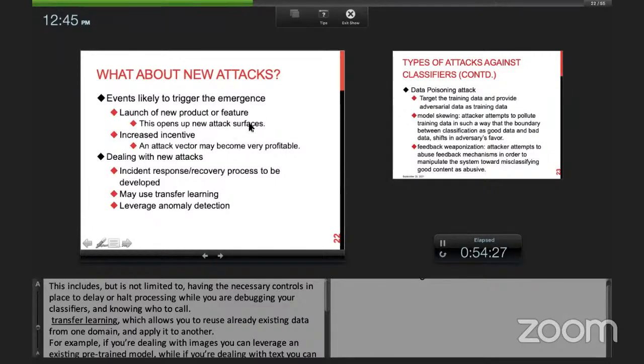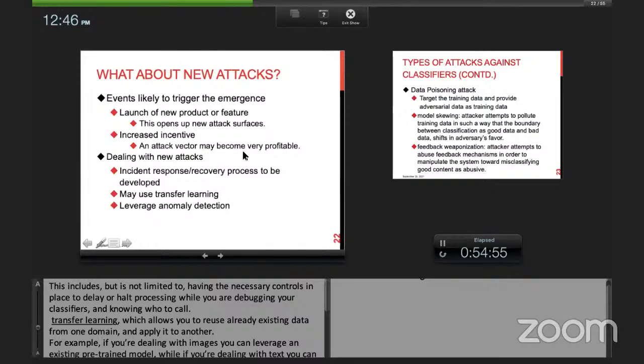That means ways to make your product vulnerable, many more ways to find weak links in your product. A new attack can also be generated based on increased incentive, because some attack vector may become very profitable.